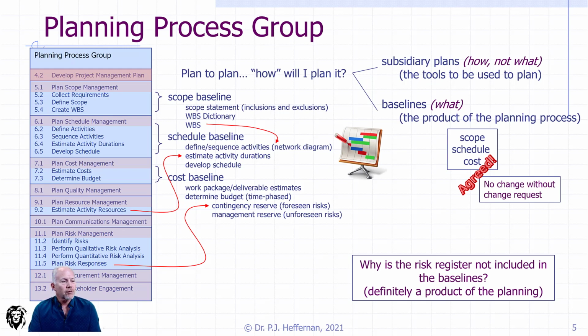And it strikes me as kind of interesting that they don't list the risk register as one of the baselines or one of the product outputs as part of this plan, but clearly it is. It's not normally listed, so I don't know why that is, but you're going to have to deliver it, and if you want to think of it as something that we do here, that's probably not a bad thing, because it has to be done integrated with all of these other steps, otherwise the other steps are not informed.